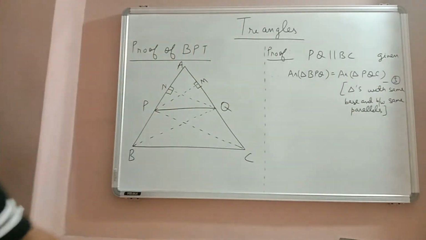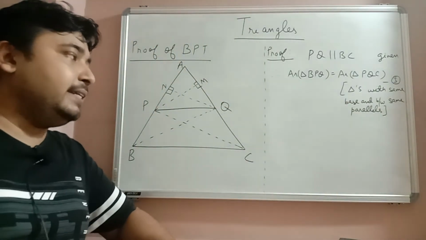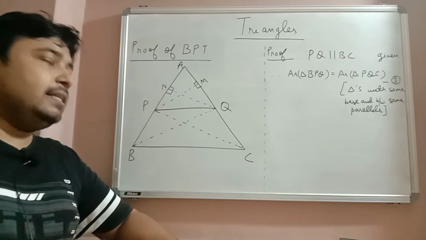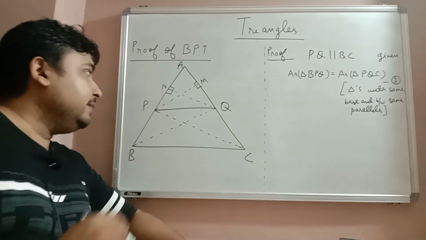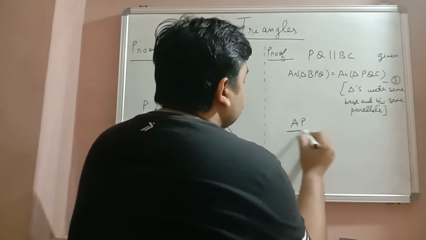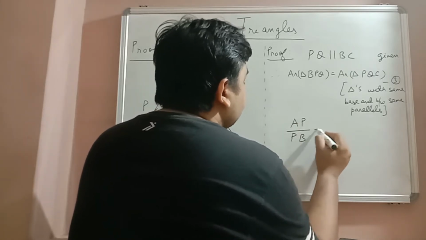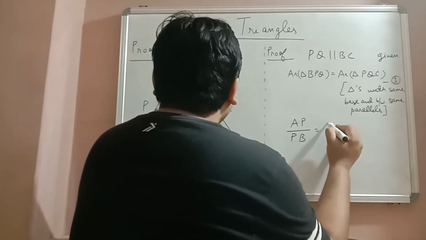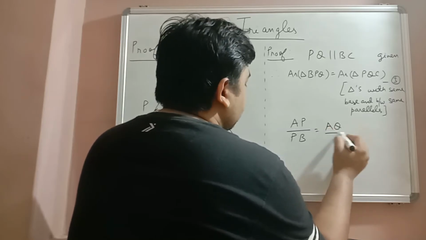Now if we see our equations number 1, 2 and 3, we can easily conclude from the ratio that AP upon PB is equal to AQ upon QC.